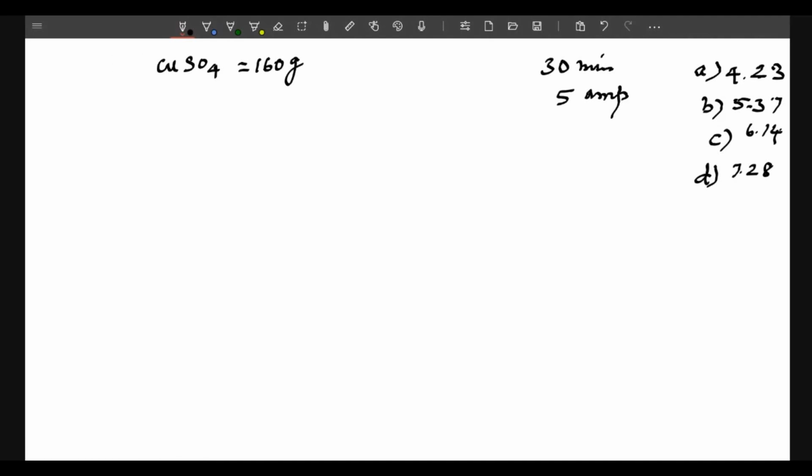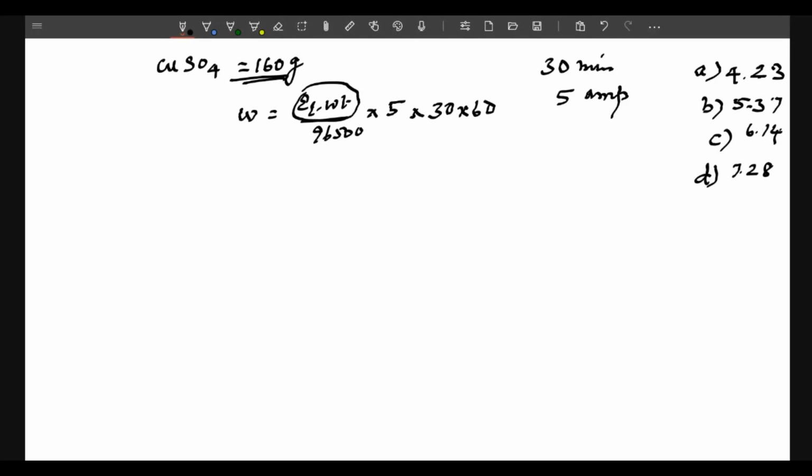Or there is another way you can proceed. Here gram is given. Why can't we make use of the equation with equivalent weight, not molarity? W is equal to equivalent weight by 96,500 into I into T, with 5 ampere current into 30 minutes converted into seconds. What is the equivalent weight of the copper sulfate? The molecular weight of copper sulfate is given.